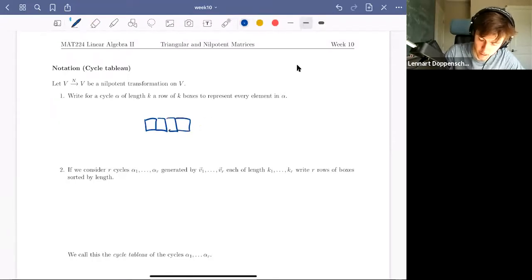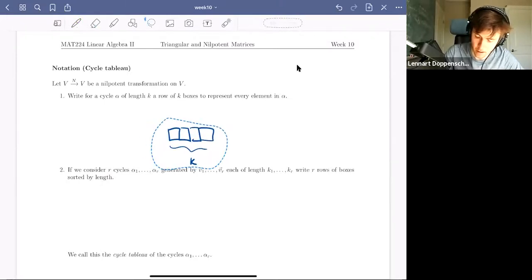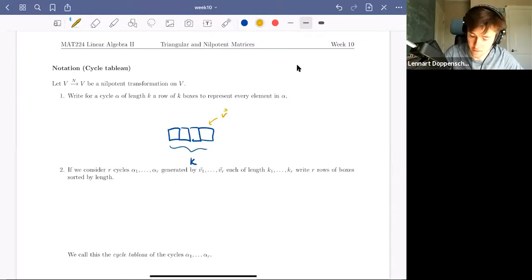Each of these boxes represents one vector in the cycle. The first box is the initial vector v. The second one is then n applied to v, and so on. And the last one is n to the k minus 1 applied to v.